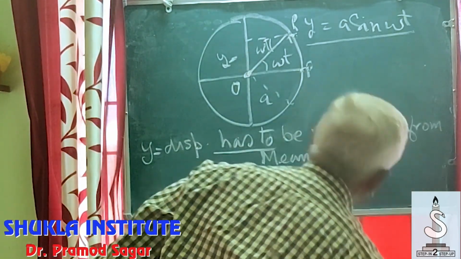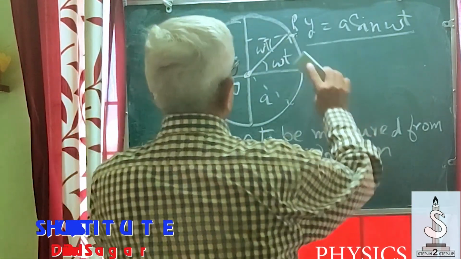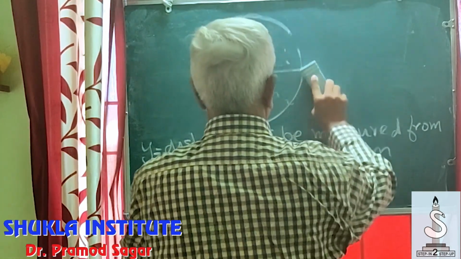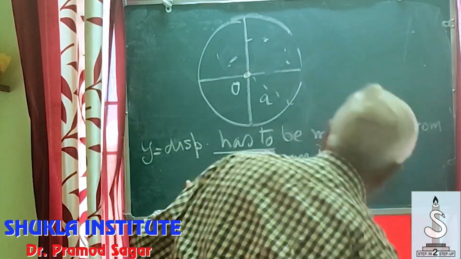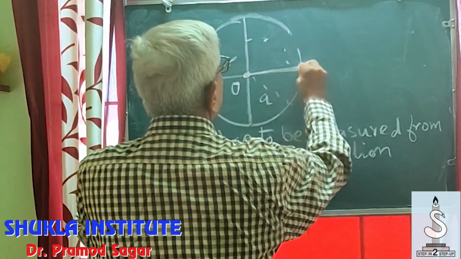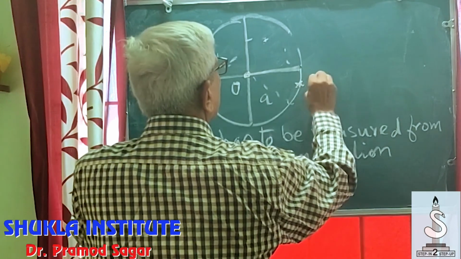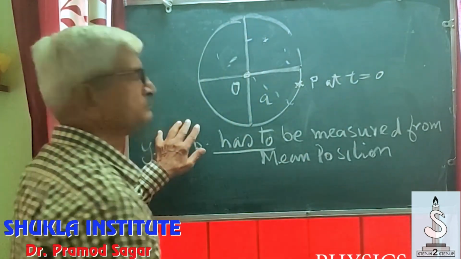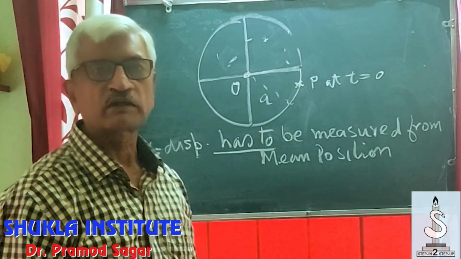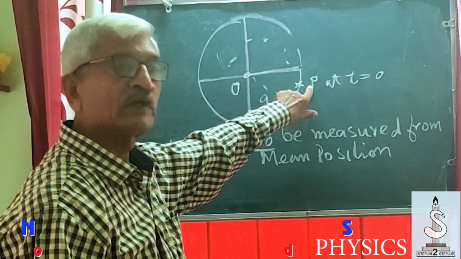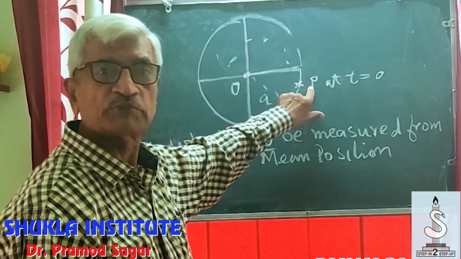Now just imagine initially this is the position at t is equal to 0. This is the position of the particle at t is equal to 0. So this is the initial position, and we must not confuse it with the mean position.